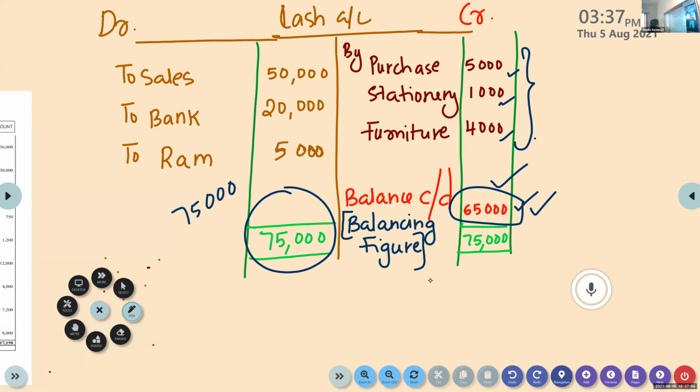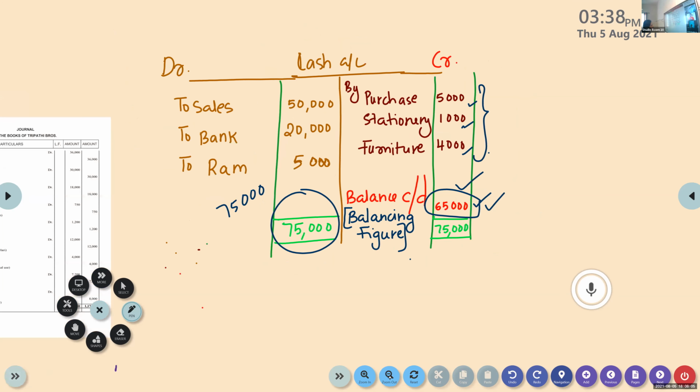But by looking at this particular account, you get the information very clearly. See the cash account: these many cash came in, these were our expenses, this is the way the cash went. So now I have 65,000 with me. You easily get the cash balance.